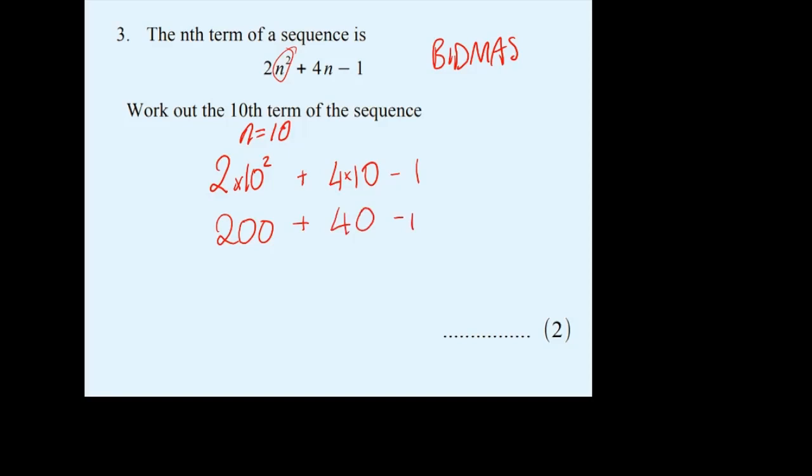Take 1, 239. Substitute the term in and make sure you remember BIDMAS, particularly if there is a number in front of the n squared just there.